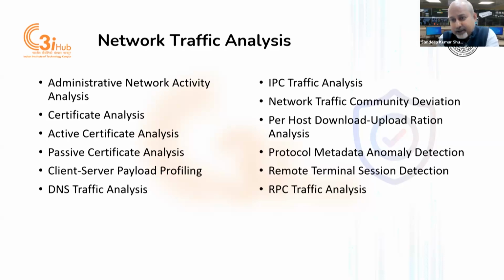The metadata means the data that is in the header. Remote terminal sessions, if somebody is connecting to a remote terminal, any kind of remote procedure call or API calls, this kind of analysis.